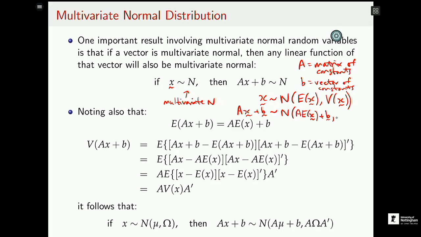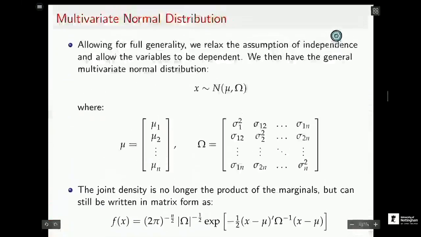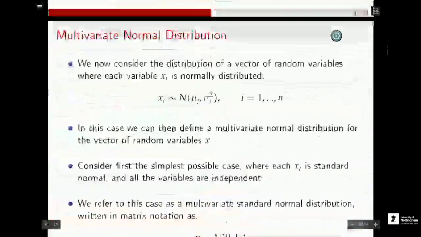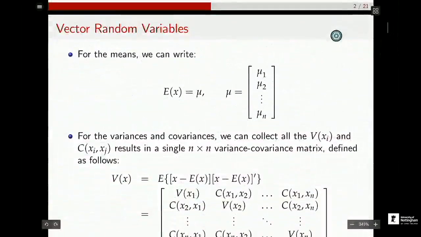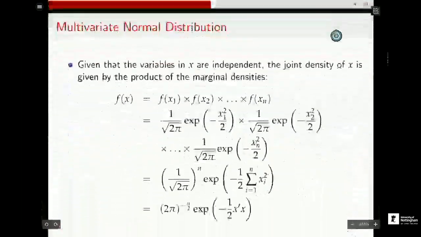Well, remember what the variance is in these terms. It's a variance-covariance matrix. The variance of a vector is the expected value of the outer product of x deviated from its mean. So apply that to our linear combination here.